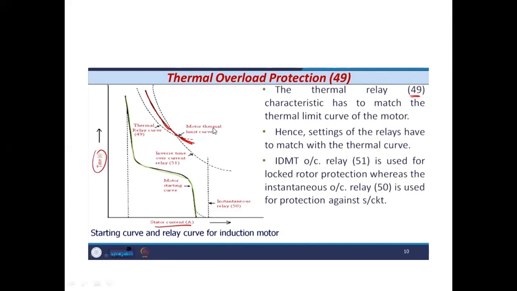So thermal limit curve and thermal relay curve. The thermal limit curve should be above the thermal relay curve. It should be exactly below, and it should not be very low with reference to the motor thermal limit curve.